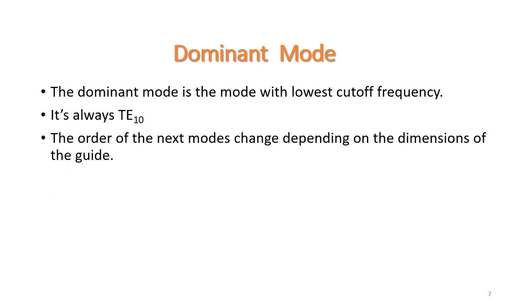Then the order of the next mode changes depending upon the dimensions of the guide. And when we are testing the modes, it is always required to test the three basic modes: TE10 mode, TE01 mode, and TE11 mode.